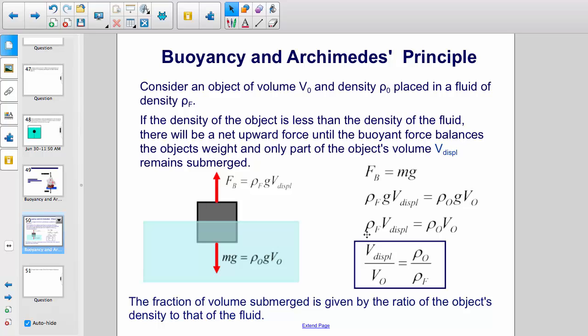Consequently, we have the product of fluid density and displaced volume, and object density and total volume. If we rearrange this, we can find that the fraction of the volume submerged, v displacement over v naught, is given by the ratio of the object's density, rho sub 0, to the density of the fluid, rho sub f.